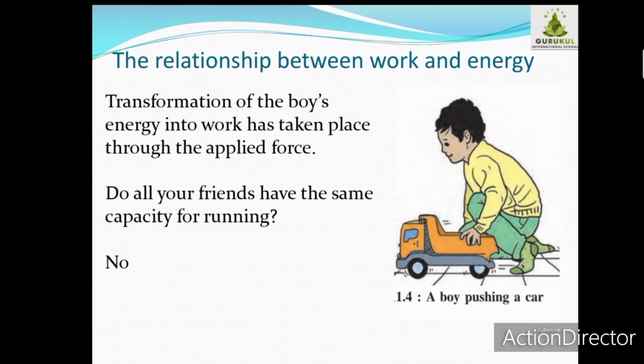Yes children, there are some children who have very less energy in them, so they are not able to complete the rounds, while others will get tired on completing 3 or 4 rounds. That is to say, each one's capacity to complete rounds is not the same. So we can understand that you can complete only as many rounds as much as you have the capacity to do the work. So the capacity to do work is called the energy.